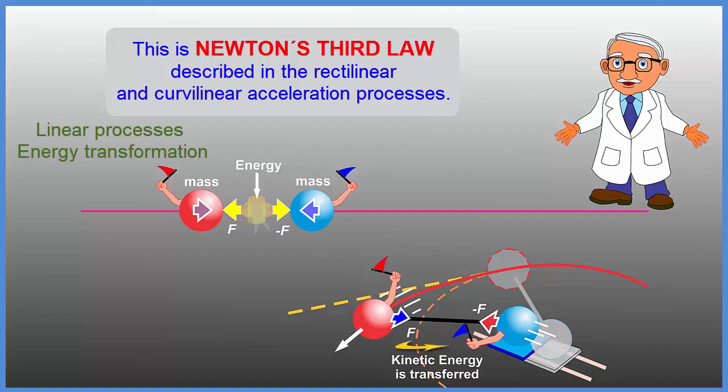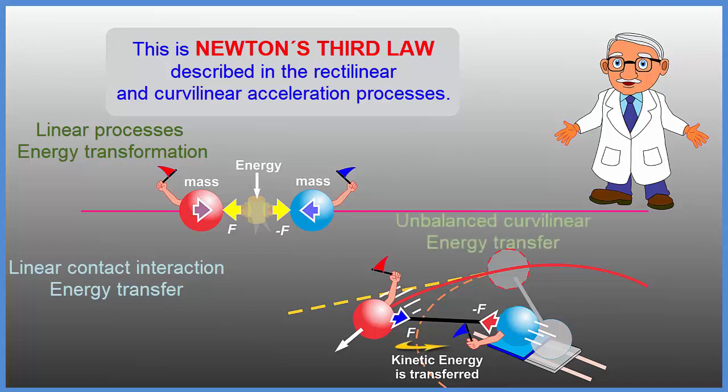Linear acceleration processes usually imply energy transformation, therefore require an appropriate force generator. Linear contact interactions imply direct kinetic energy transfer. Unbalanced curvilinear acceleration processes, as described in this video, imply energy transfer.